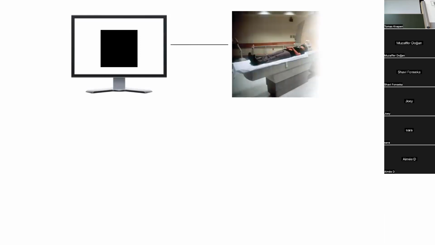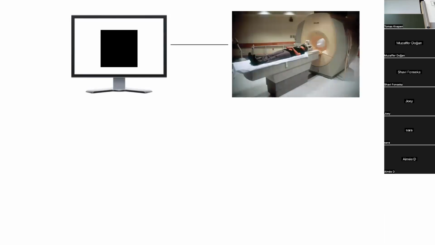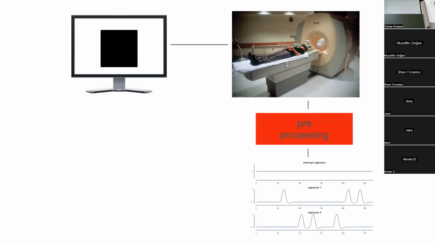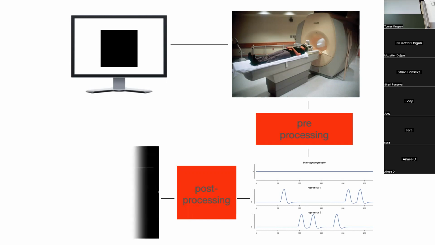So what we've talked about until now is this very simple setup where you put someone in the scanner, and you show them something. Because you put them in the scanner, what you get is data, and when you pre-process that using that GLM that we talked about, you do a bunch of post-processing, such as statistics, right?